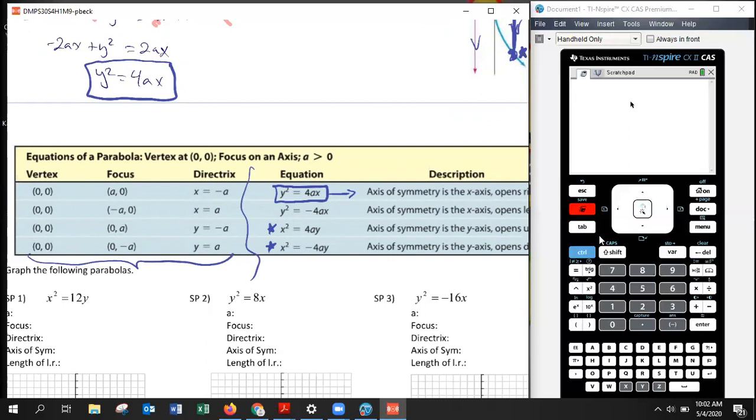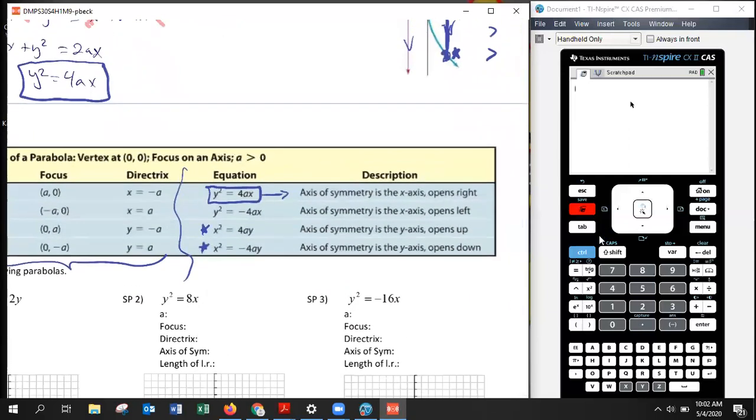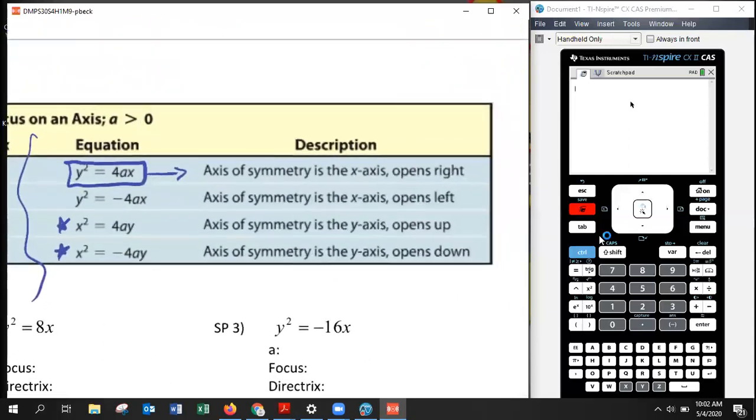If you want to memorize all those different pieces, feel free. I prefer to focus on these two sides because I want to know, based off of the equation, what orientation results from it. And as you see me do my work, I'm really going to work from there.